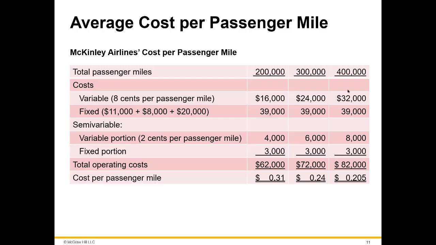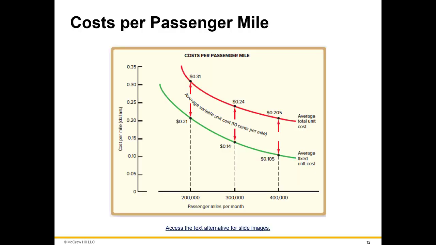But 39,000 divided by 400,000 is a much lower cost. And so we look at that and we see that the cost per passenger mile is decreasing. Why is it decreasing? Because we're spreading those fixed costs over more passenger miles. So you can see that.